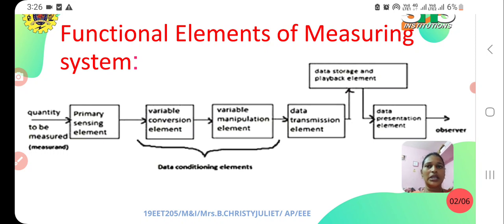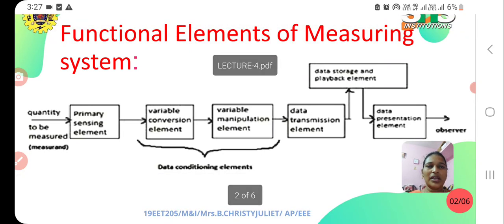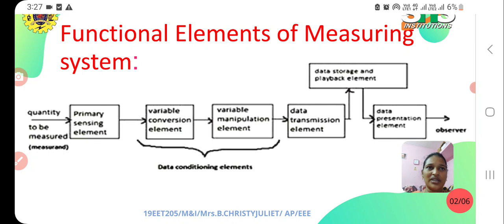For example, if we take an ammeter which we use in a lab, it consists of a primary sensing element which senses the current flow in any circuit, and a variable conversion element which converts the sensed current into an equivalent mechanical output.